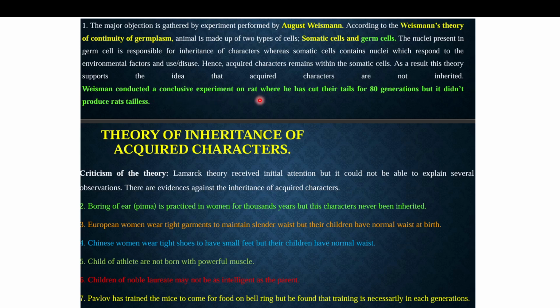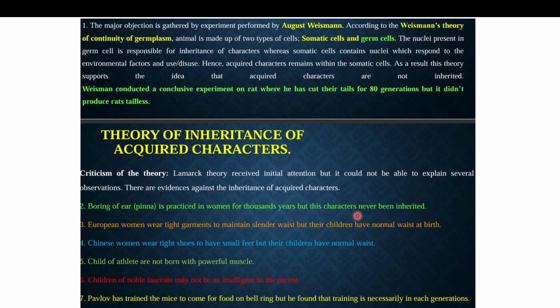He conducted a conclusive experiment on rats where he cut their tails for 80 generations, but still it didn't produce tailless rats. Then there are many more things, like piercing of ears in women or men as well, for thousands of years.